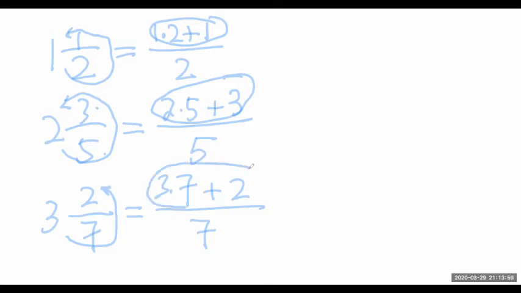So now we have a shortcut, so we can bypass the middle steps. Now if we write that in algebra, it's A B over C equals what?